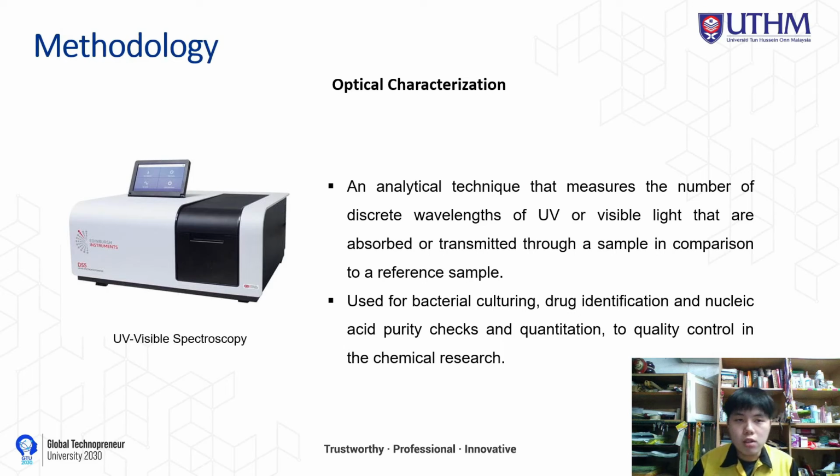Next is the methodology for the optical characterization. Just now we mentioned UV-visible spectroscopy, and we will use it. UV-visible spectroscopy is an analytical technique that measures the amount of discrete wavelengths of UV or visible light that are absorbed or transmitted through a sample in comparison to a reference sample.